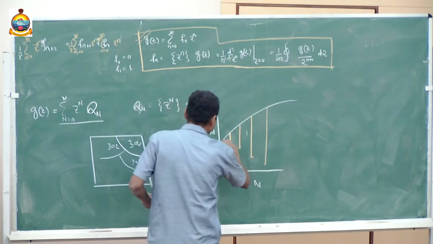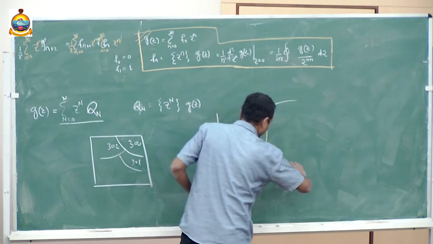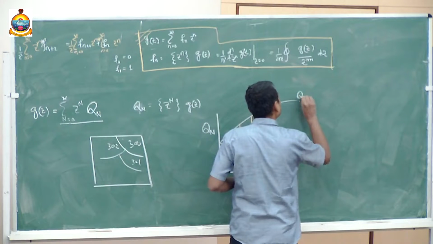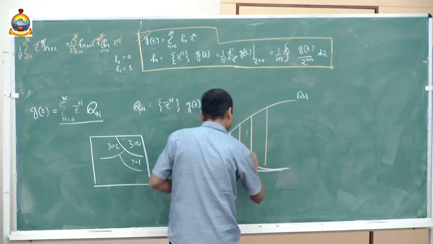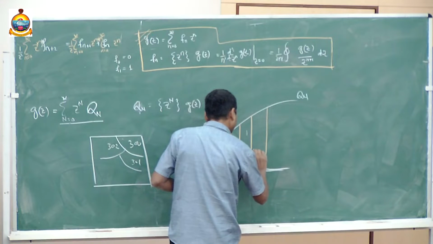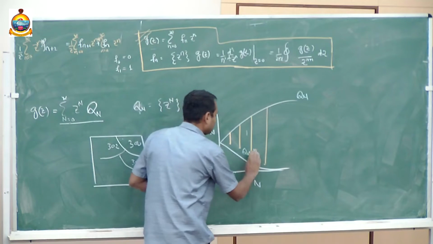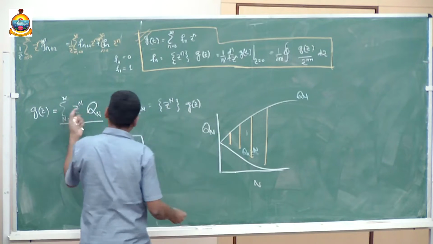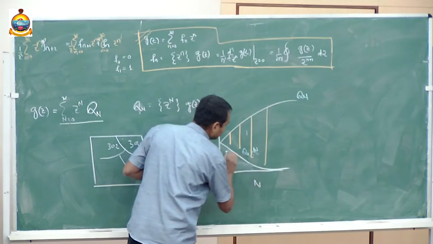So the new function, Qn z to the power n, is what you get. Now if you do a sum, it is like doing this integral.